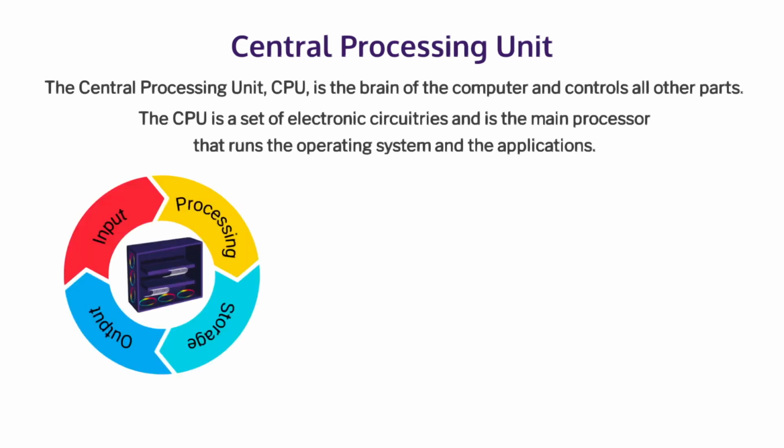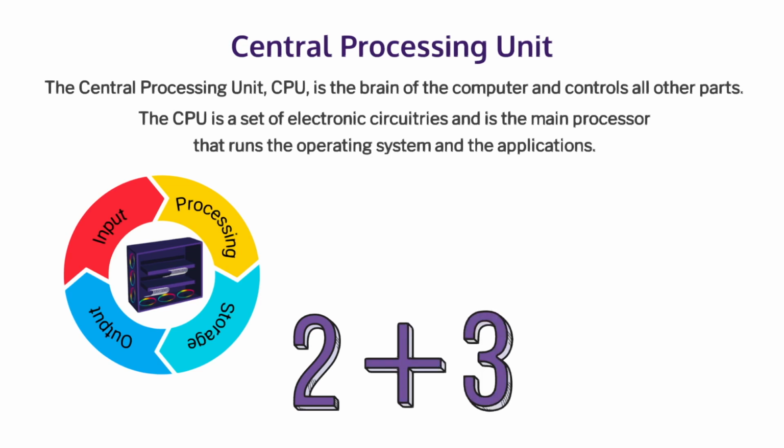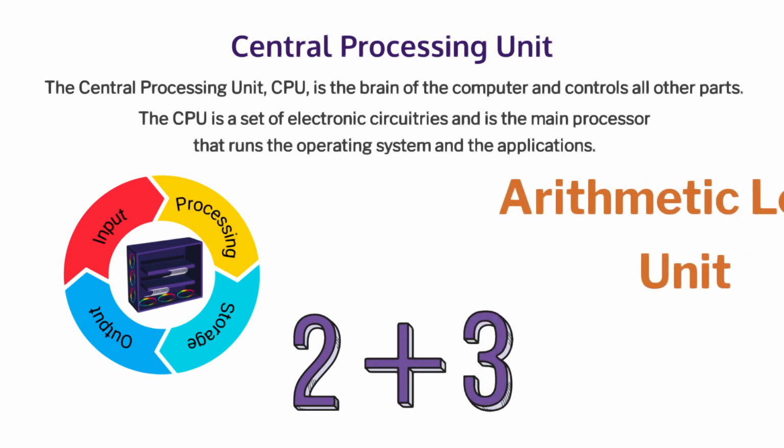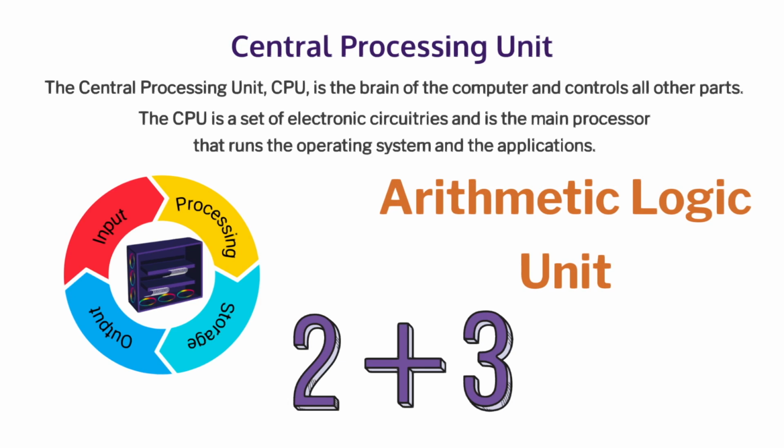A CPU is responsible for accepting input, processing the input, storing the result, and producing output, the IPSO cycle. For example, if a CPU receives input that says to complete a calculation or logical operation, this is done with the arithmetic logic unit within the CPU.